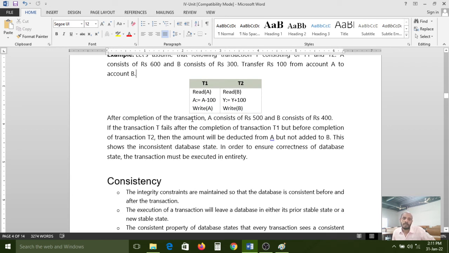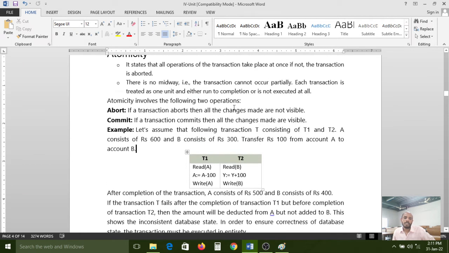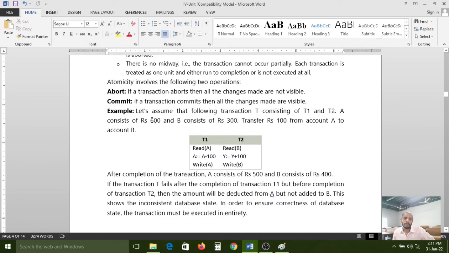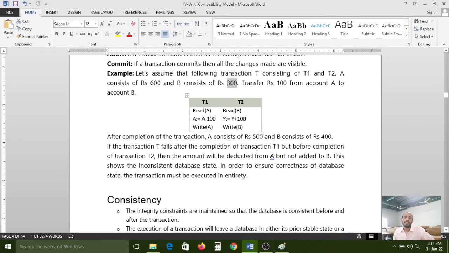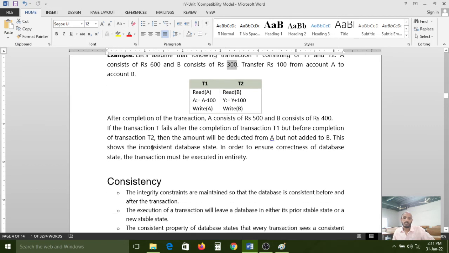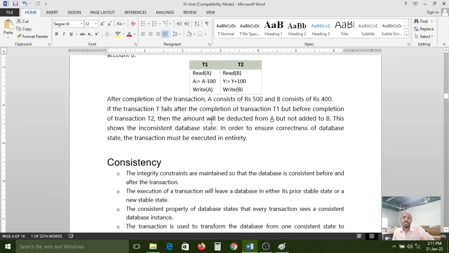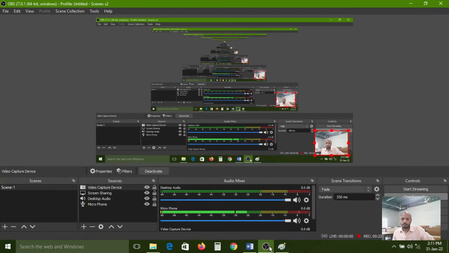After completion of the transaction, A has 500, because initially we had 600 rupees. After transferring 100 rupees from A to B, the final balance in the A account is 500, because 600 minus 100. And the B account has 300 plus 100, 400 rupees. So that is the atomicity property.